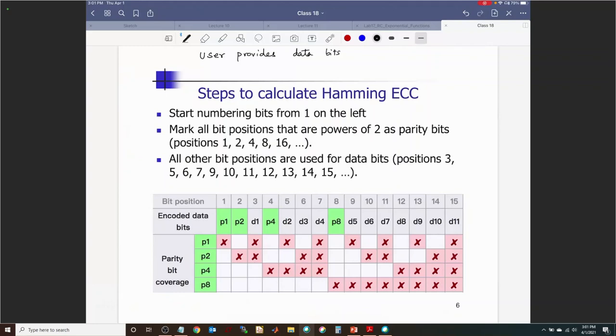Then based on Hamming ECC, you generate parity bits. And then by using both of these, you construct a code word to be written to memory.